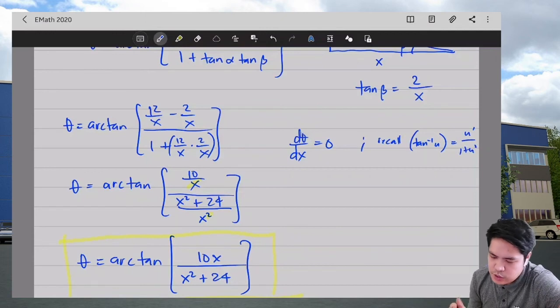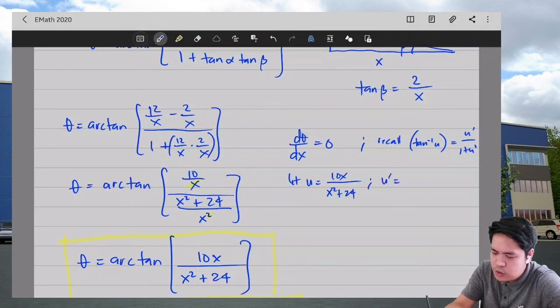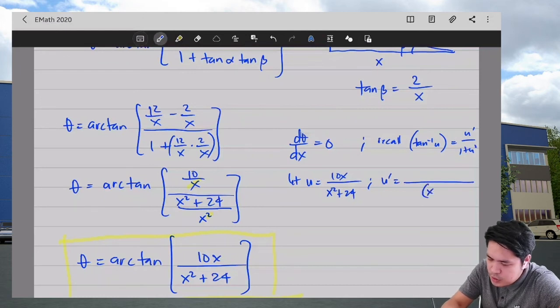So in this case, if we let u equal to 10x over x squared plus 24, we can now solve for du over dx, which is, copy the denominator squared, x squared plus 24, copy here, x squared plus 24 times 10 minus 10x times 2x.